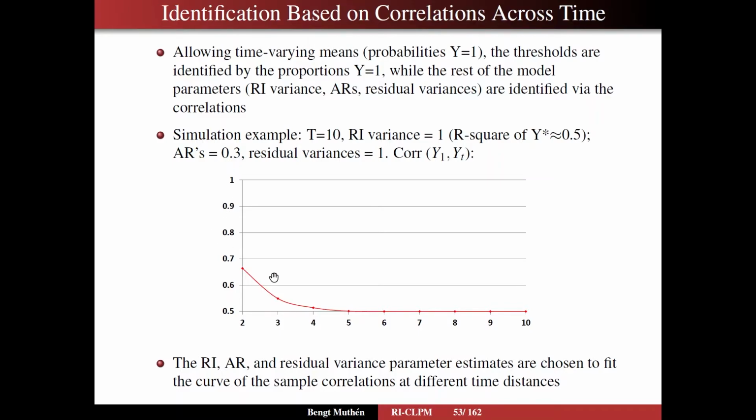So you see here the correlation curve going down towards the lower asymptote of 0.5, the R squared for y star, fairly quickly. And the point here is that the RI, AR, and residual variances are chosen to fit the curve of the sample correlations at these different time distances.